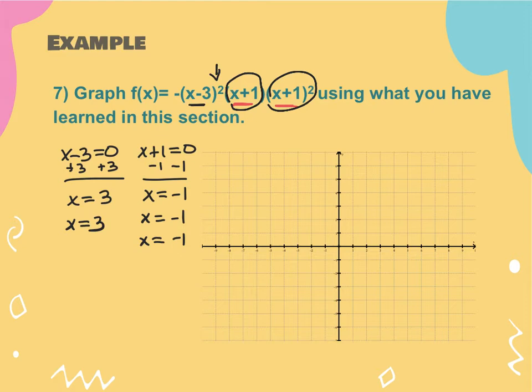Now, notice I've got 5 zeros. This is going to help me determine my end behavior. So again, normally you would look at the first term's exponent, but it's not factored out and multiplied out. It's in factored form. So I have 2 zeros from this one, 1 from here, and 2 from here, for a total of 5. So my end behavior is based on x to the 5th.